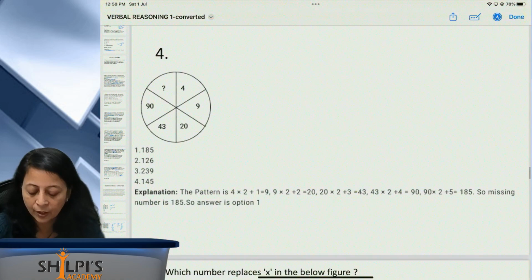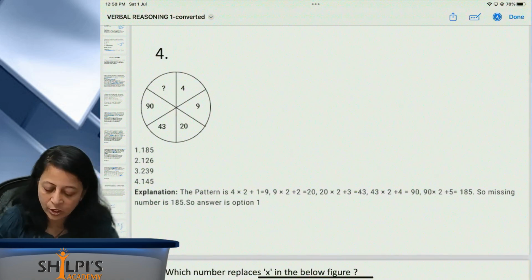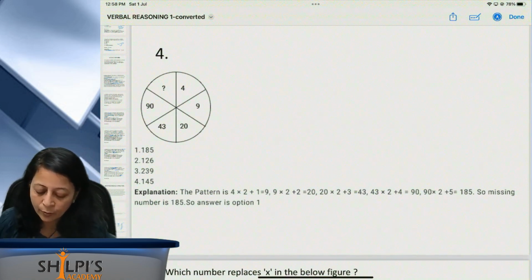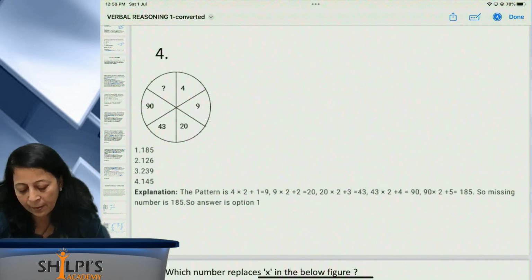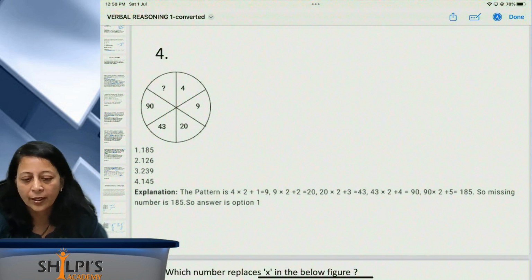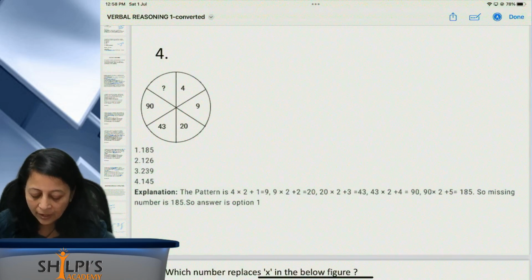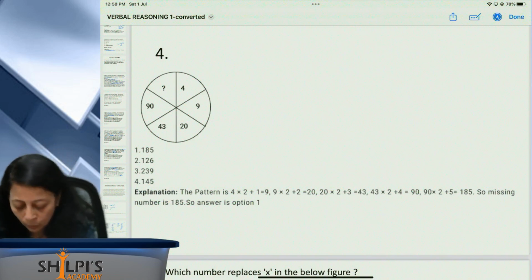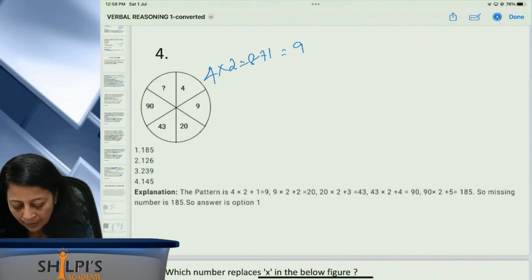Here you have got some sequence relationship: 4, 9, 20, 43, 90 and a question mark. How is it going to be related? Let us see. The pattern is 4 into 2 plus 1 is equivalent to 9. Next, 9 into 2 is 18 plus 2 is 20.